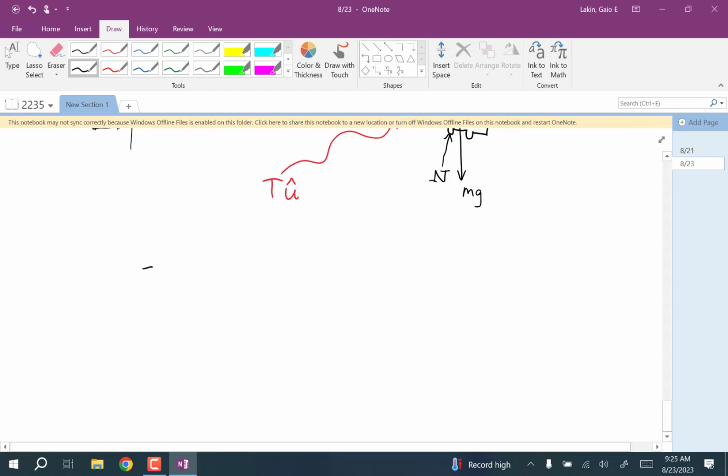In a TI calculator, how do you do this? If you're lucky and you have a TI-89 or Inspire, there's a built-in function, lowercase unit, uppercase V, and you just enter your vector.